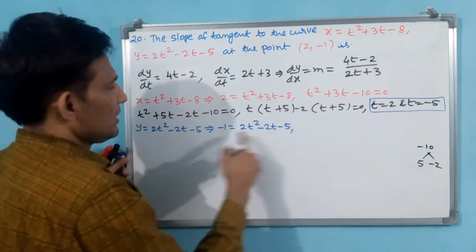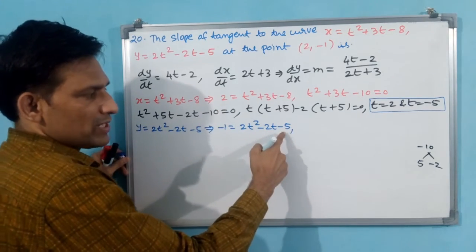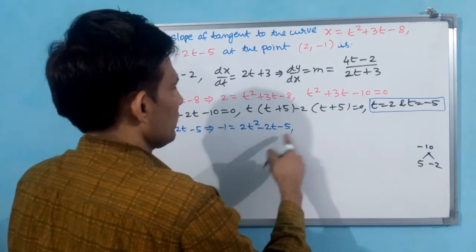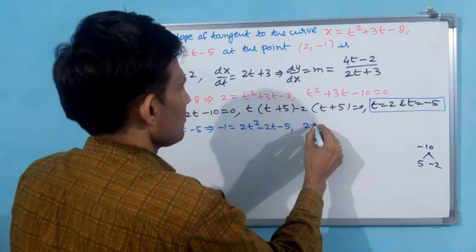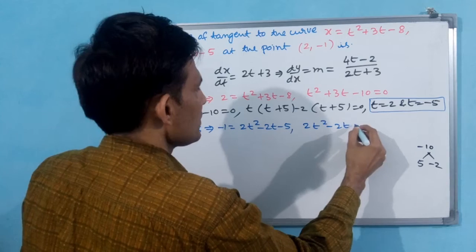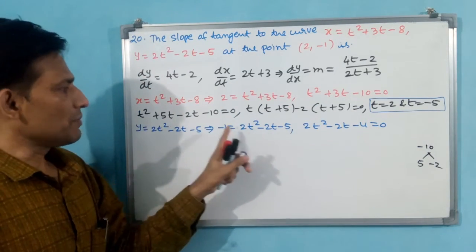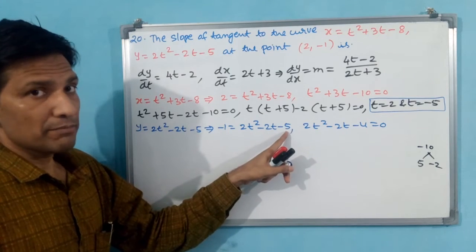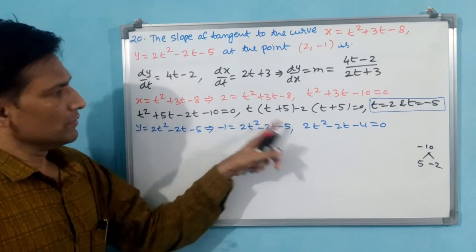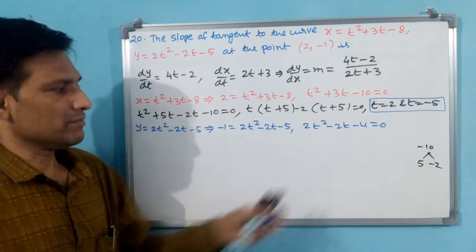Okay. Then if you send this, plus 1, minus 5 plus 1 is minus 4, that means 2t square minus 2t minus 4 is equal to 0. Is it okay? Because minus 1 is going to make it minus 4.